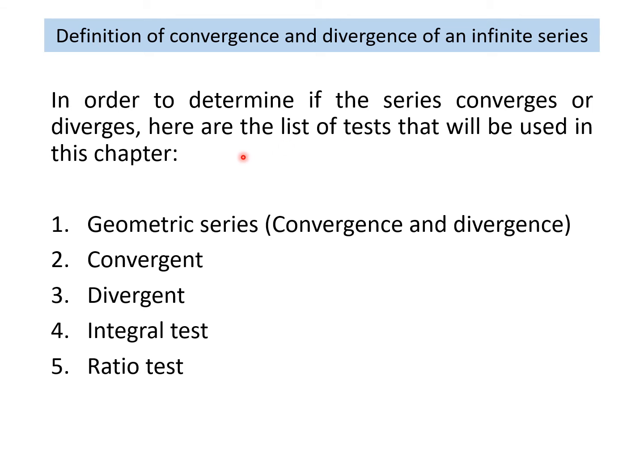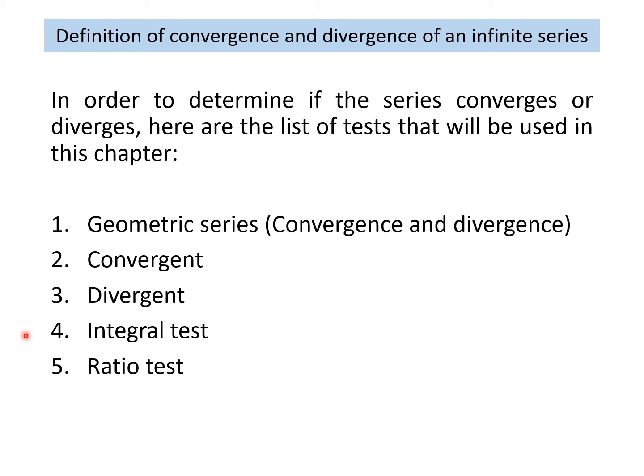In order to determine if the series converges or diverges, here is the list of tests that will be used in this chapter. The first test is to determine the convergence and divergence of a geometric series, followed by the convergent test. The third one is the divergent test.